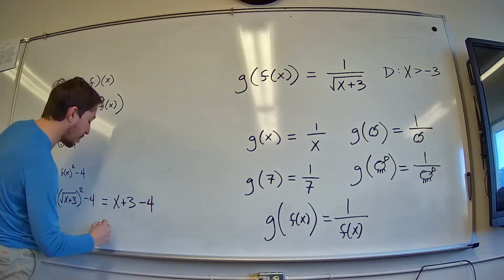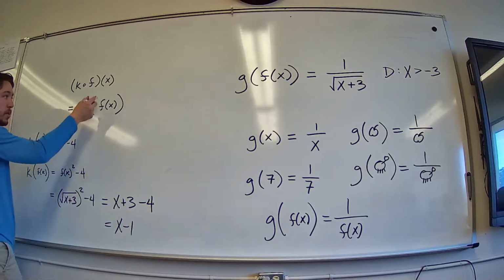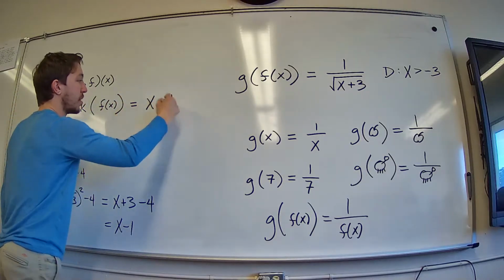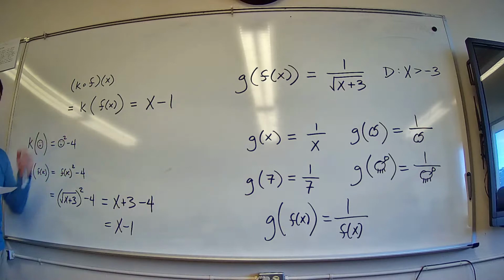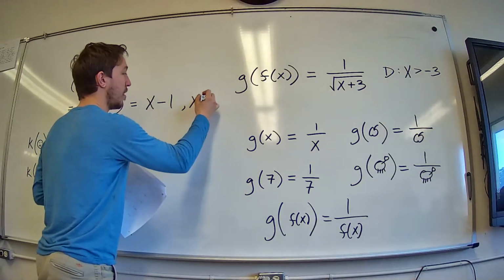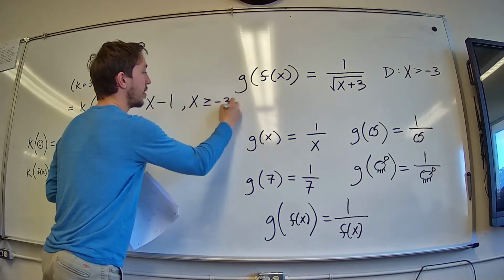And then we go minus 4. So it turns out that this is x minus 1. That's not quite right. That's not exactly correct. x cannot be less than negative 3, so x is greater than or equal to negative 3.